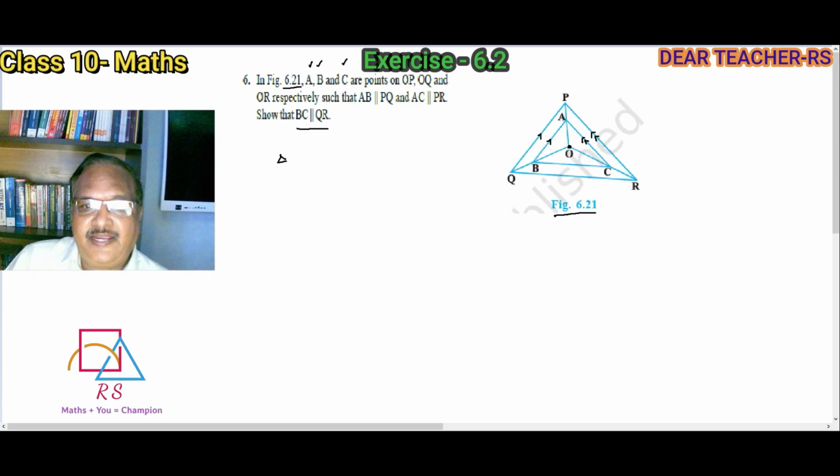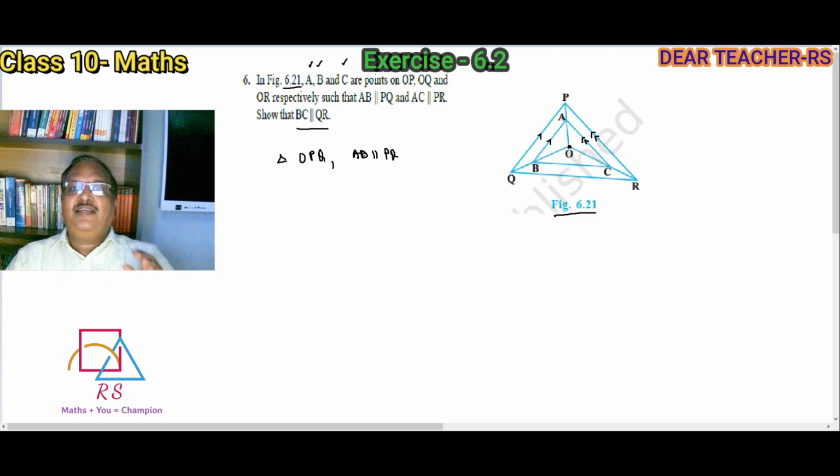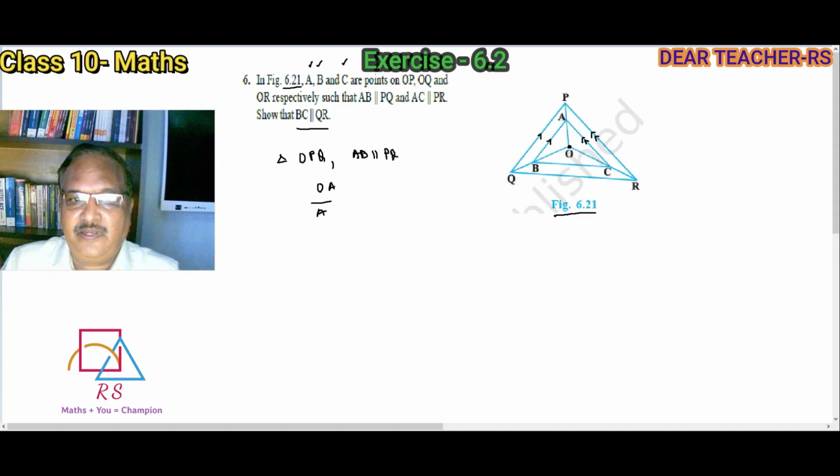So now you have to take triangle OPQ, because in that only AB is parallel to PQ. You just identify in which triangle a line is parallel to one side. In that you can apply the basic proportionality theorem. So then what happens? OA by AP is equal to OB by OQ.